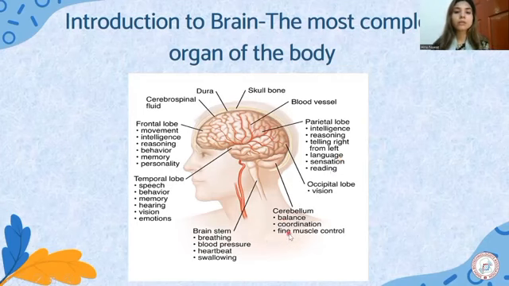Another important part is the cerebellum, which is involved in coordination and balancing of fine muscle control. We also have a brain stem that is involved in breathing, blood pressure control, heart rate, and swallowing. The whole human brain is protected by the skull bone, and inside it we have cerebrospinal fluid.